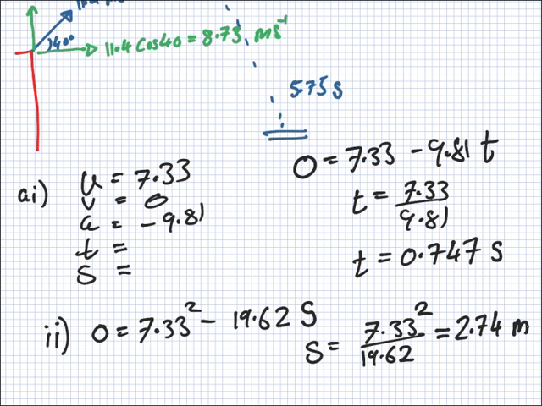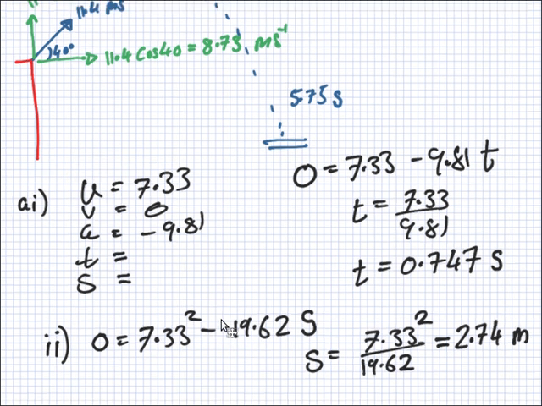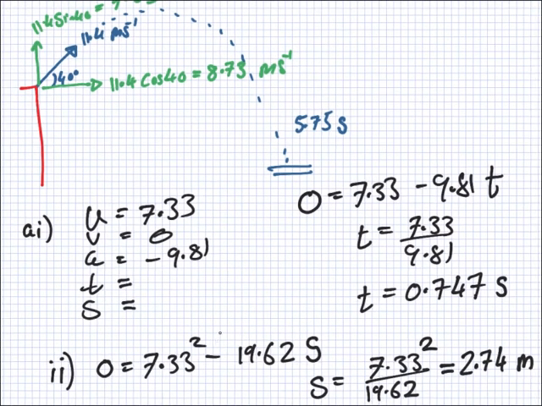I think because of the word falls, I should look in the Y. But if they deleted that word, it could mean the X distance. So really they're looking for the height of the cliff. They want to know what this height is.